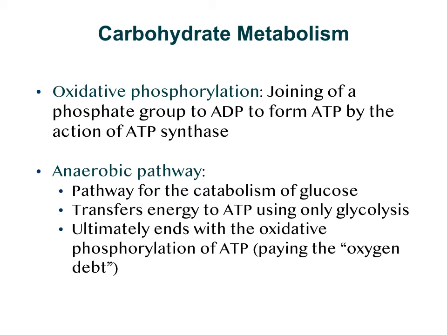Recall that we started all of this with glycolysis, which was an anaerobic pathway. In glycolysis, we broke down sugar, a 6-carbon sugar of glucose, into the 3-carbon molecule of pyruvic acid or pyruvate.